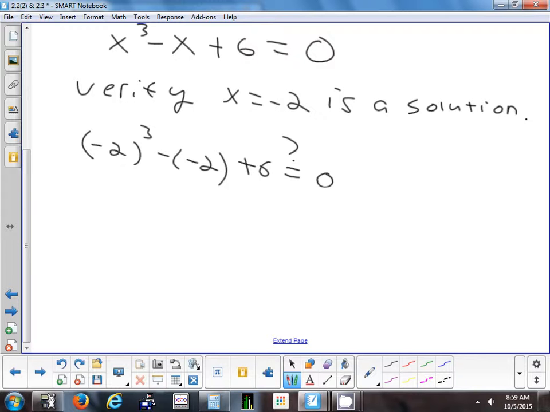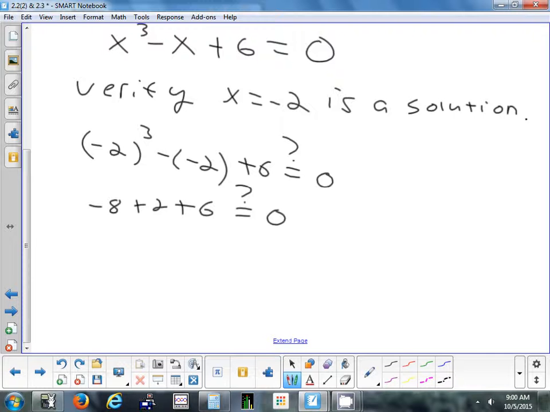Okay, what's negative 2 cubed? Negative 16. No, not 16. I went too far with the power. Negative 8. Yeah, negative 8. And what happens when you do minus minus 2? Plus 2. Plus 2 plus 6.